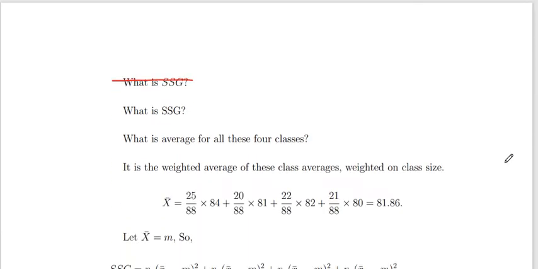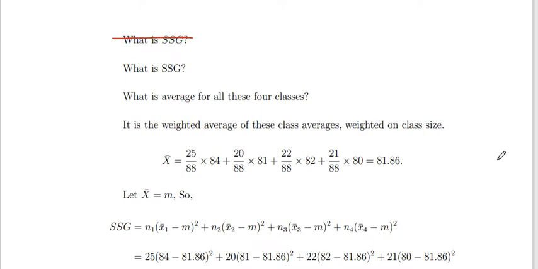So this average for all is, we can say, equal to total student 88, then total points for the 4 classes. Class 1 is 25 times 84, right?